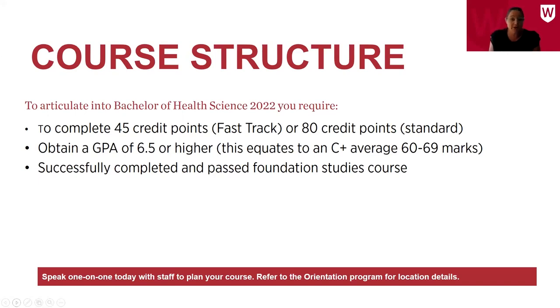If you get below a 6.5 GPA, then you will still receive an offer to a course. A 6.5 is a health science degree at the Western Sydney Uni campus, which is Campbelltown. If you get below 6.5, your offer will be for the college.